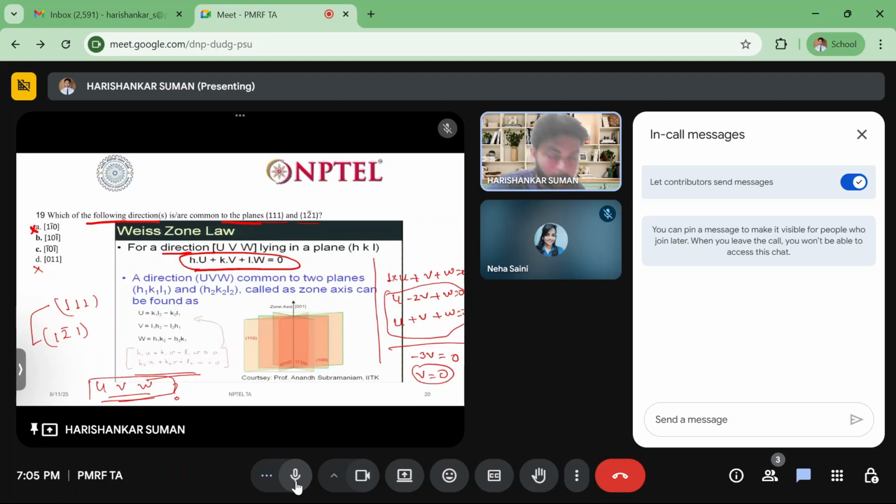After putting V equal to 0, U equals minus W. So one is positive, the other is the negative of it. So 1 0 -1 will be the answer, or we can also write -1 0 1. So B and C are correct answers.